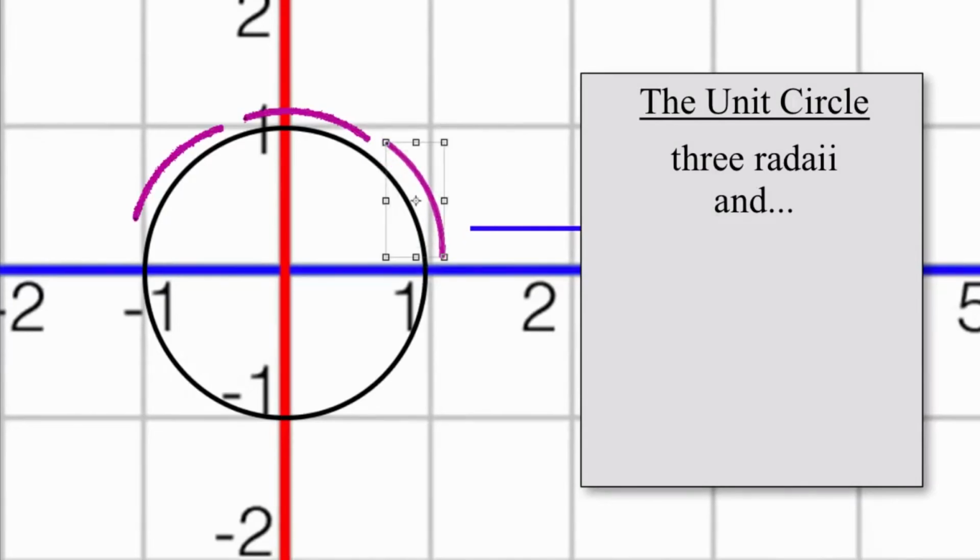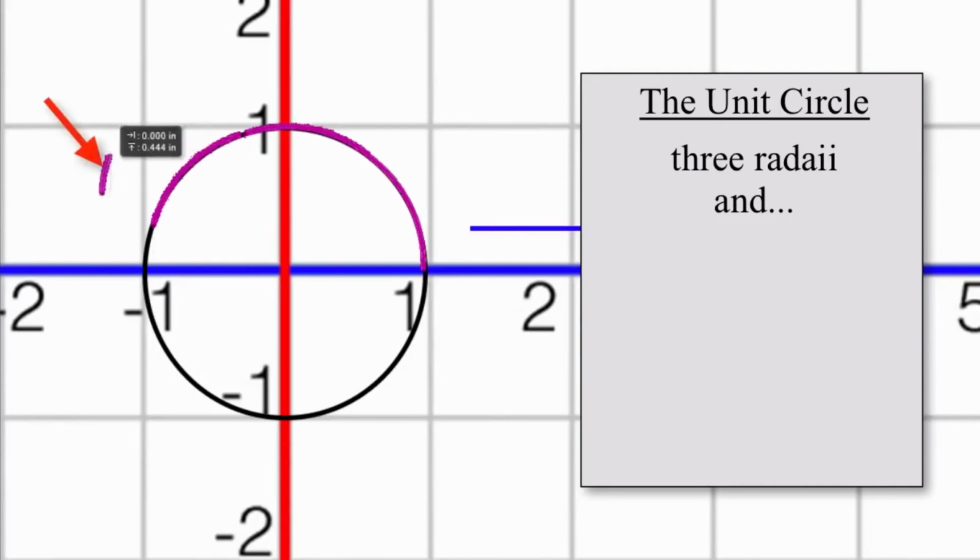But in just a second you'll see, hang on. That there is just a tiny little piece left over. So the radius will fit around the top hemisphere of the circle 3 times plus a little bit extra.